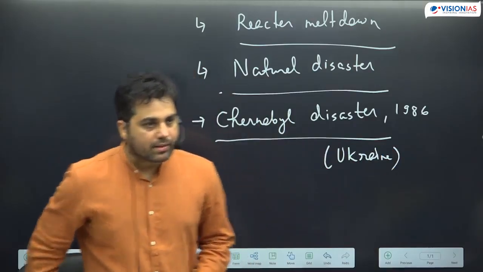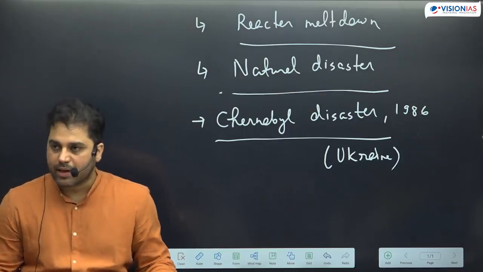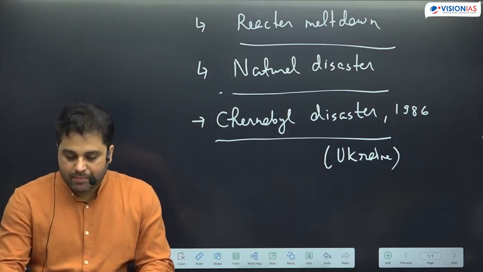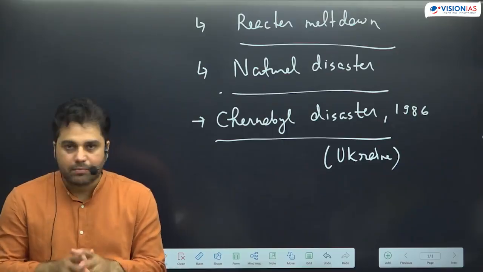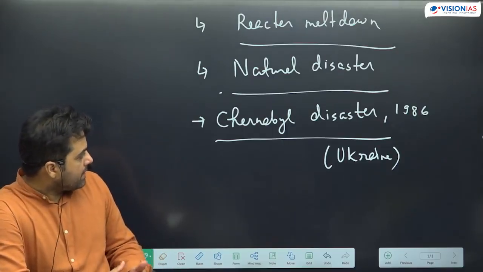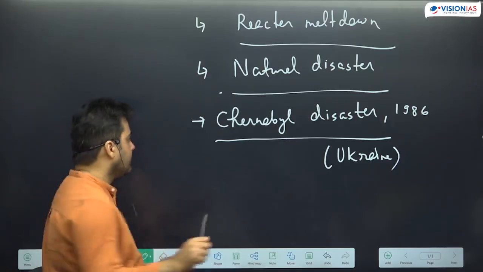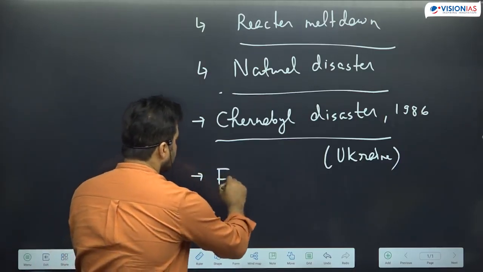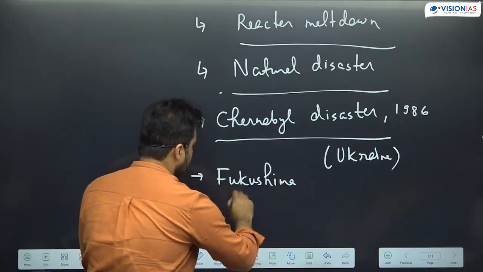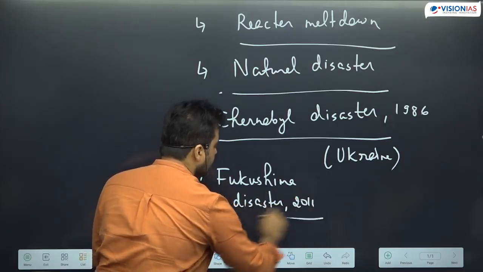They have their own culture, they have their own language, and this imposition of Russian language and culture on Ukraine and such events have not done any good in the psyche of Ukrainian people. So, Chernobyl disaster, 1986. Fukushima disaster, 2011. This happened in Japan.